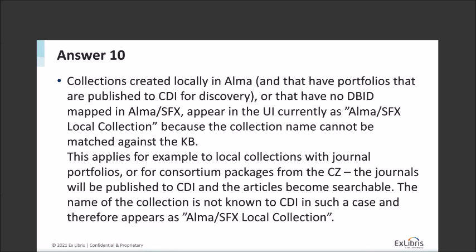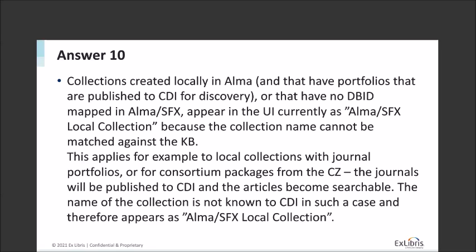We need to remember that the PNX source and the collection facet are pointing to the activation source, which means the reason for this CDI record to appear. I mean, the KB activation, the KB collection, whose activation caused this CDI record to appear, as we explained during the rights calculation.